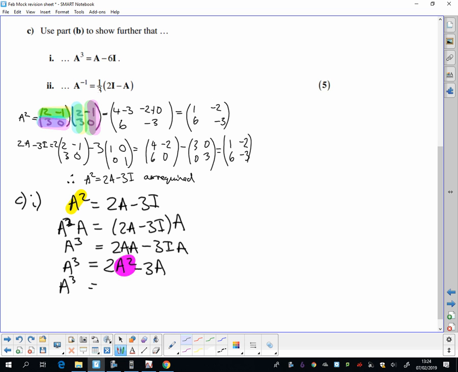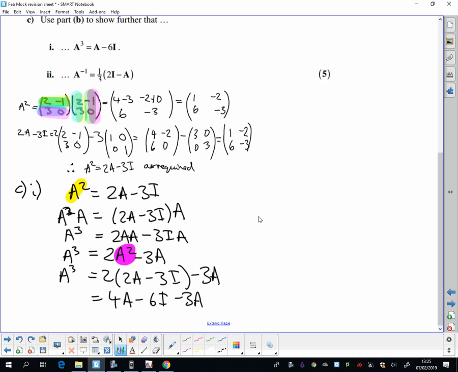So A cubed is 2 lots of 2A subtract 3I, subtract 3A. And if I simplify that, you can now see that I have got exactly what I was asked to prove.